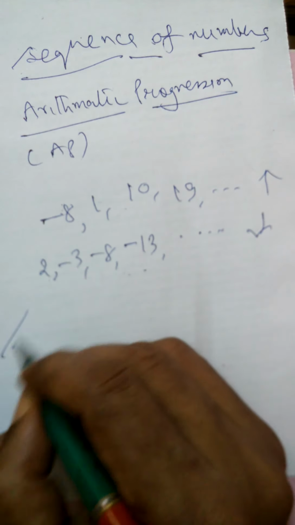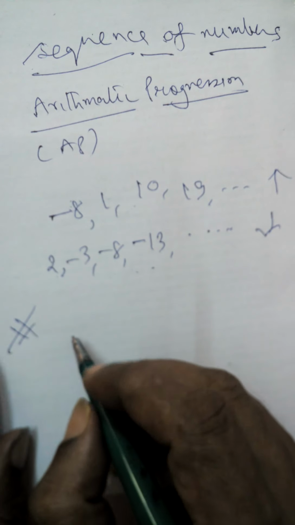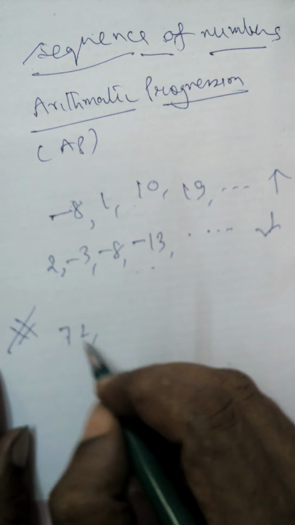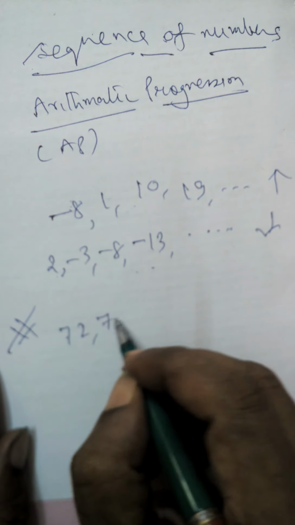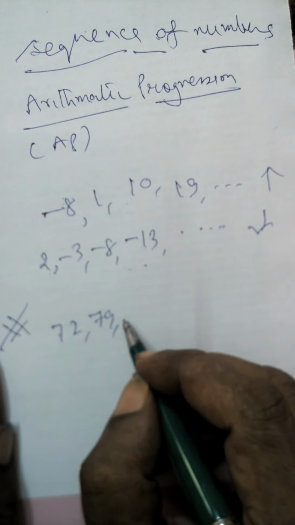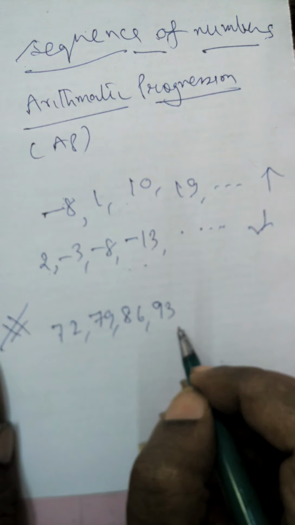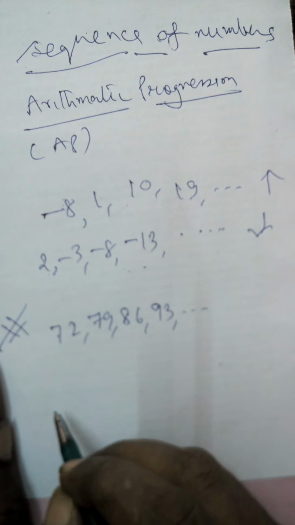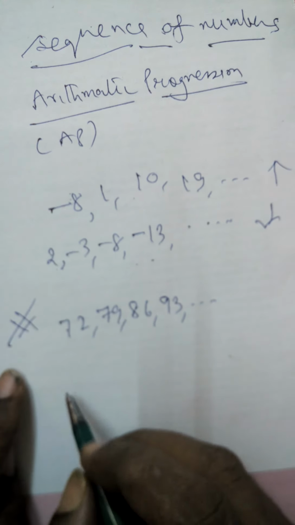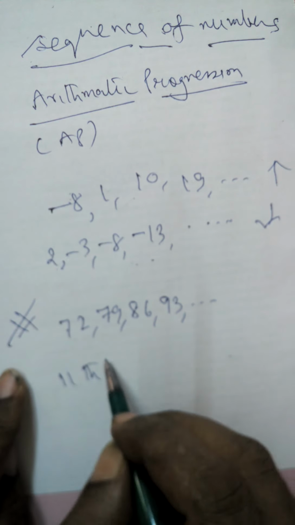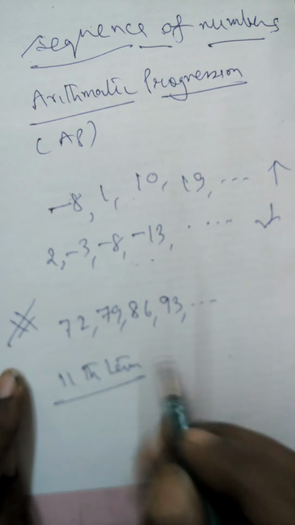Now what do we see in this sequence of numbers? One very simple observation we can have: like 72, then 79, then 86, and minimum 3 numbers we need. I have 4 numbers here, and I'm asking what will be the 11th number, the 11th term.